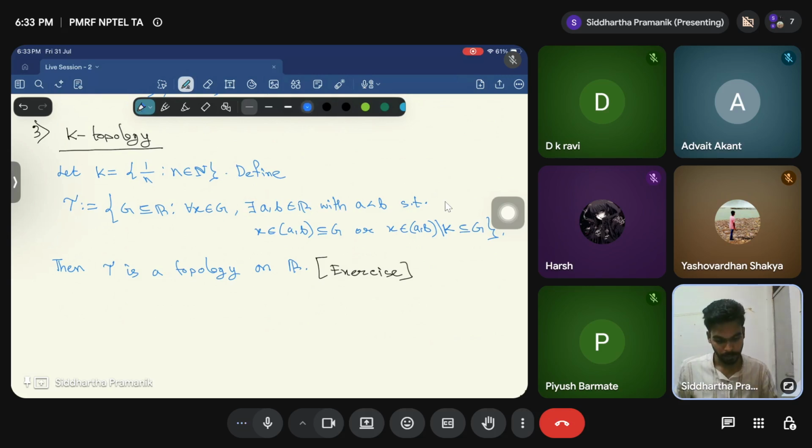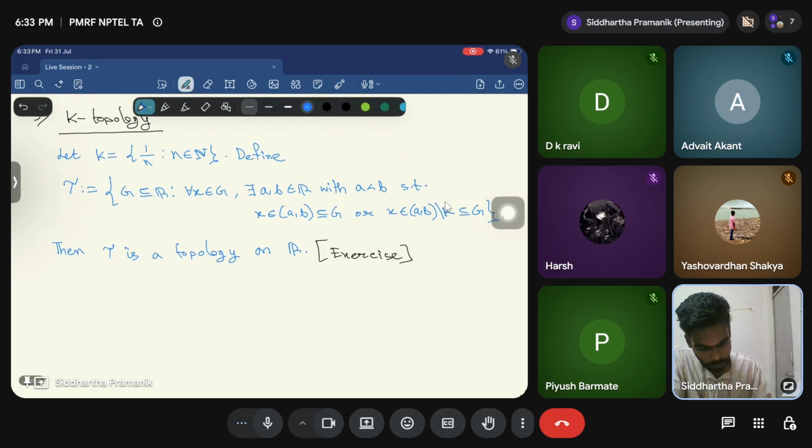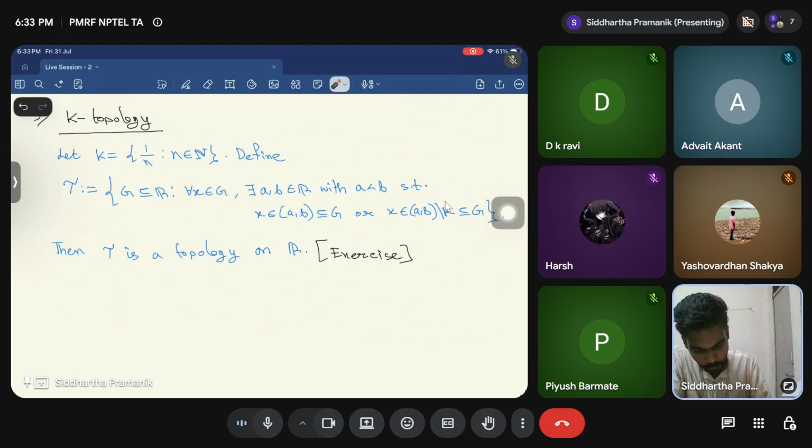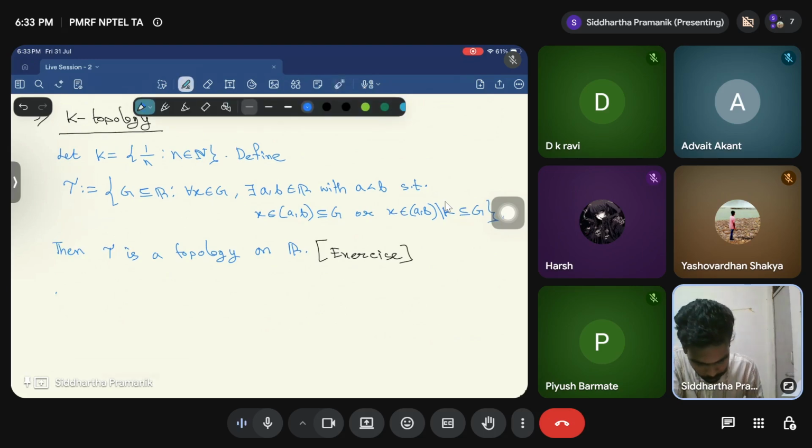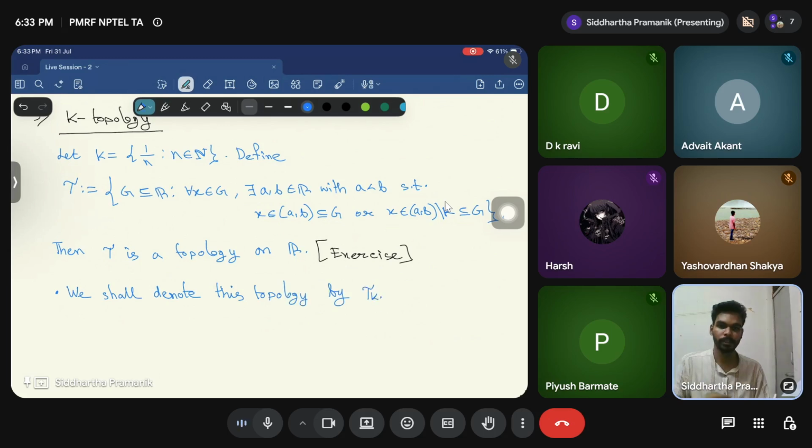Okay, so let's spend a few minutes on this to get some idea of this topology. So first of all, we shall denote this topology by tau K, because it's the K topology.